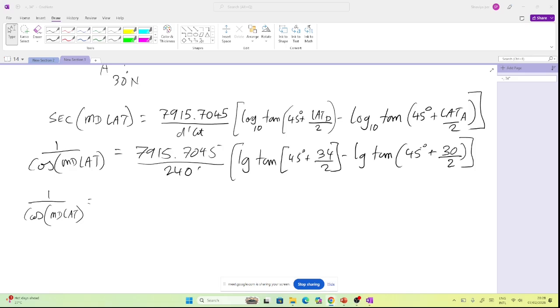So tan 45 plus 34 divided by 2. Plus 45, 60, tan 62 degrees each.